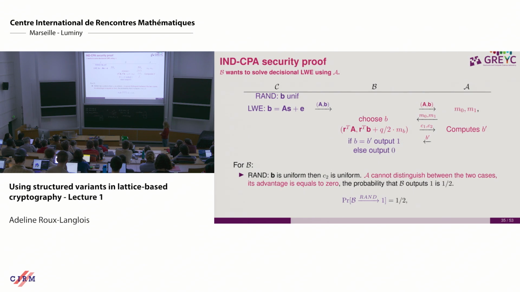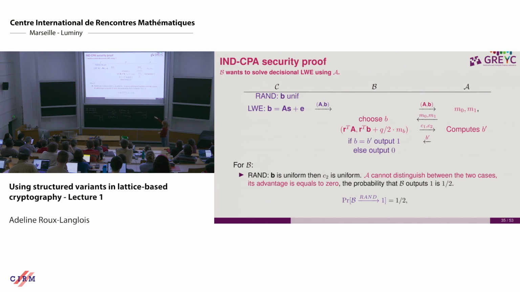What I want to show is that if A is able to attack the scheme for the IND-CPA security, then B can use it to decide whether b is uniform or is an LWE sample. So if A can attack the scheme, then B can use it to solve decisional LWE, the game it is playing with C.